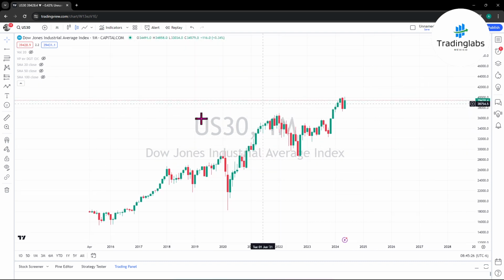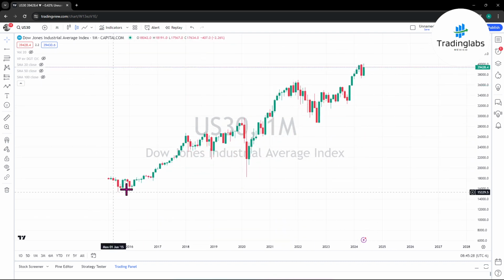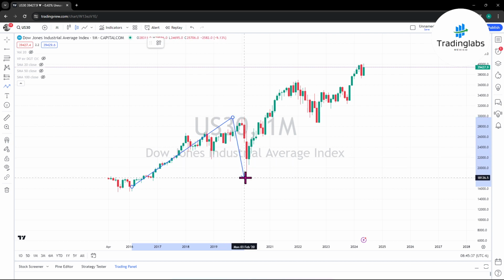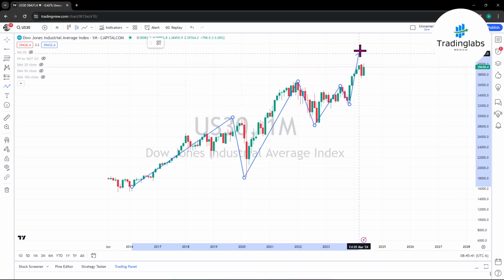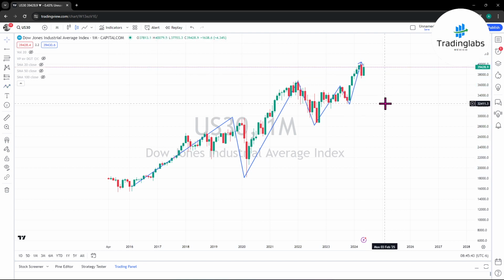First of all, I'm in a monthly time frame. It's very clear that we are in an uptrend, right? Here we make swing high, swing low, swing high, swing low, swing high, swing low, boom, made a new high. That is a very simple concept.